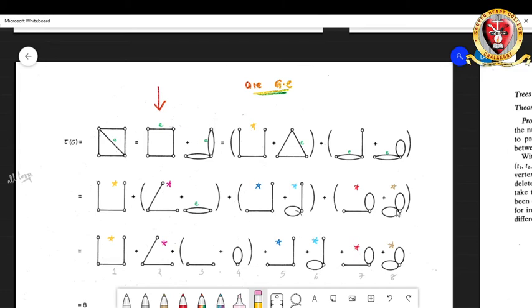And for this, suppose you are choosing this edge, and you are removing the edge and then again adjoining, because the end vertices are the same. So if you are adjoining, you get the same graph twice, that is G minus E and G dot E will be the same for this graph.